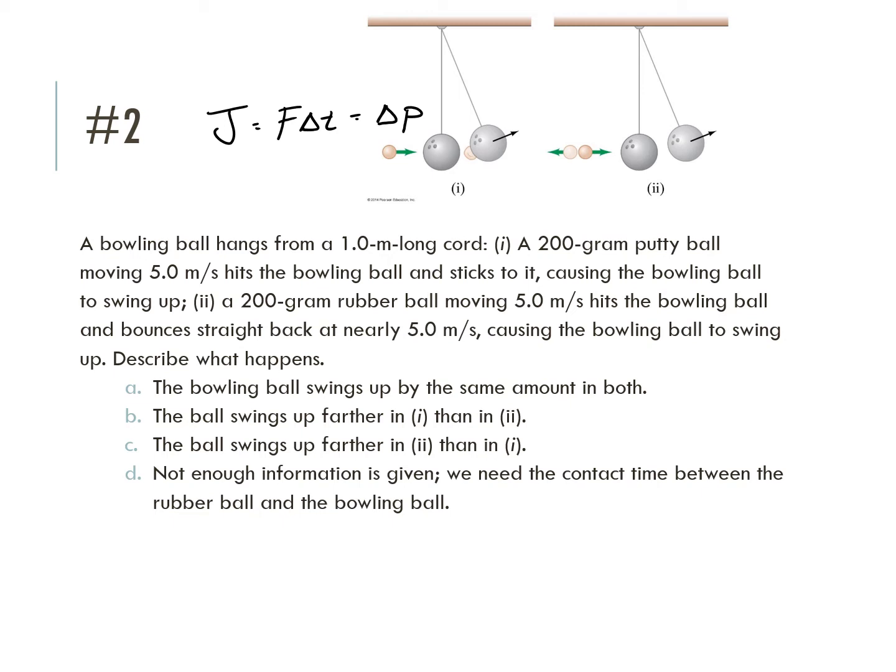So in this case, because the bouncy ball has a larger impulse, it has a larger change in momentum, that means that the bowling ball will have to have a larger change in momentum as well. It'll have a larger velocity because we do have direction in this case, and is able to move up further than in situation 1.